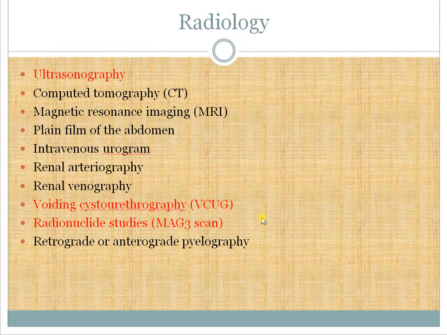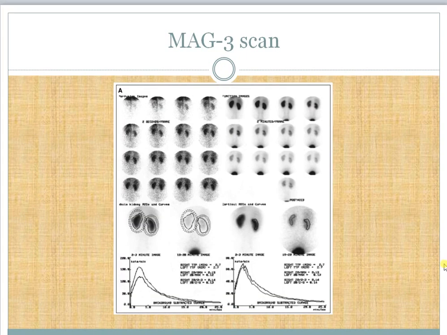The next one is the MAG3 scan, or the radionuclide study, and this is an excretory functional assessment of the kidney. You inject a radionuclear agent into the peripheral vein.